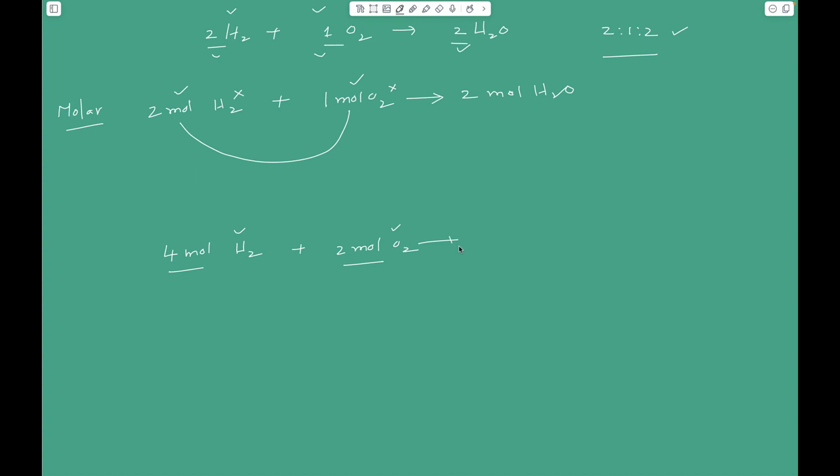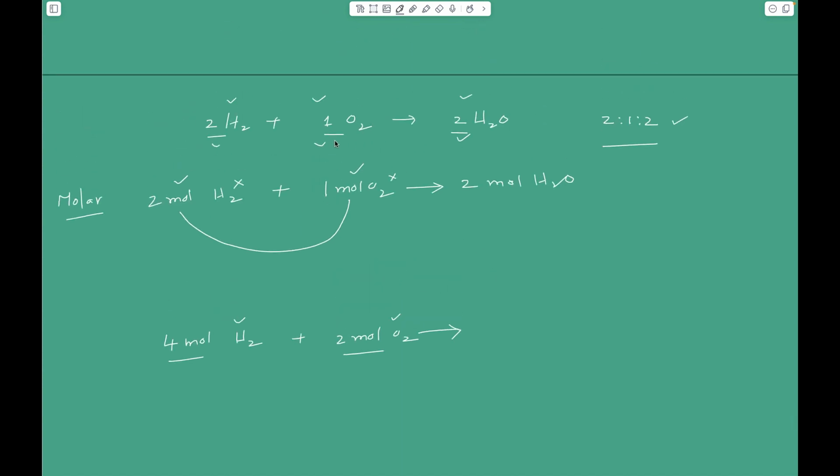Now my question is, how do I know the amount of water formed in this reaction? To figure that out, you can use either of these 2 relationships, because the ratio in which hydrogen and oxygen are taken is 4 to 2, that is 2 to 1, same as the ratio of their stoichiometric coefficients. So they are in the expected proportion for them to completely combine with one another.